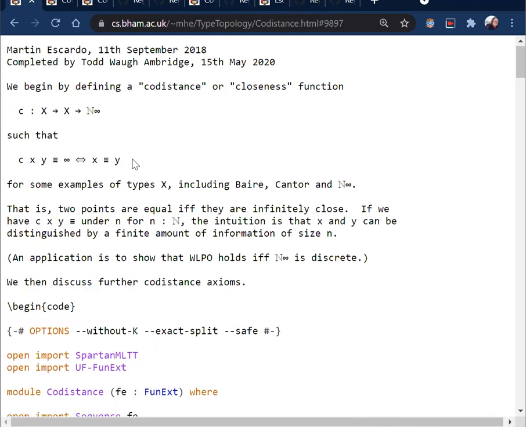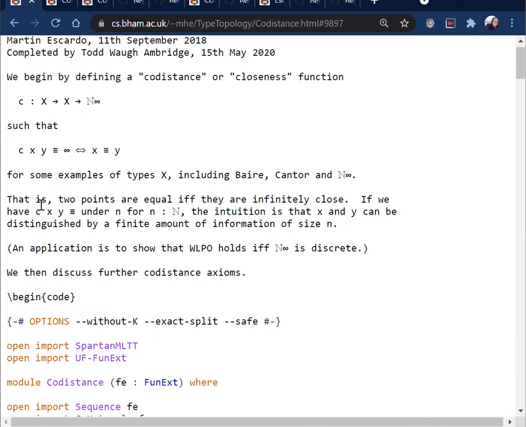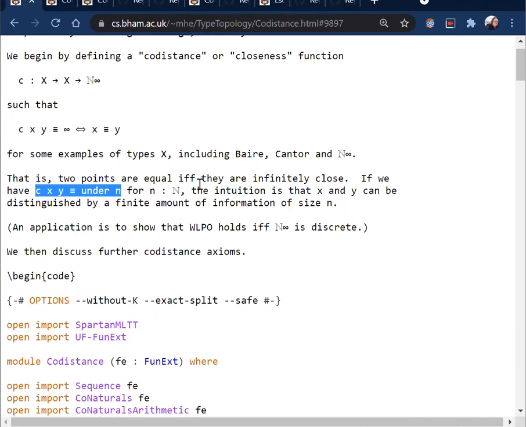And if c(x,y) equals n, where n is lifted to an extended natural, then the intuition is that x and y can be distinguished by a finite amount of information of size n in some way.